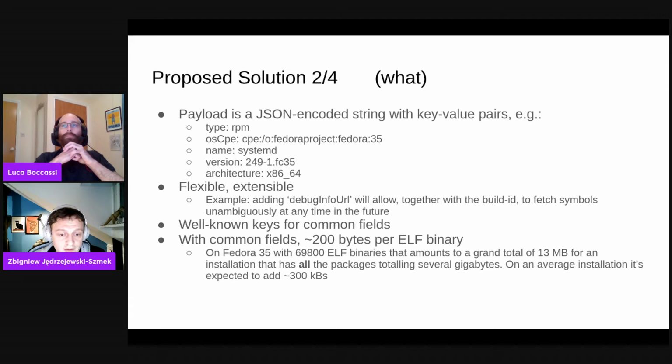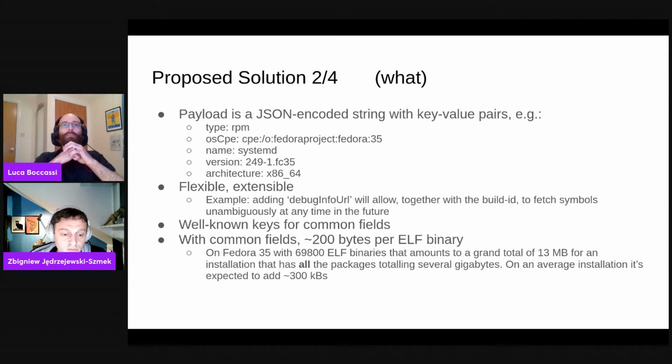So in the specification, we define how the few most basic keys should look, but we can add new ones in the future, and people can add their own if they think it's useful. In particular, after publishing this, initially we got a suggestion to standardize a debuginfod URL.